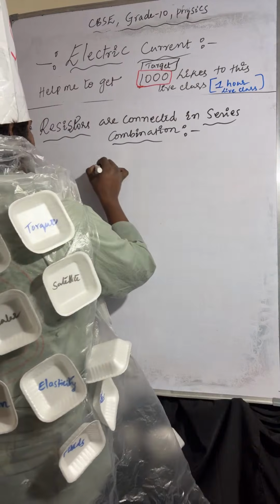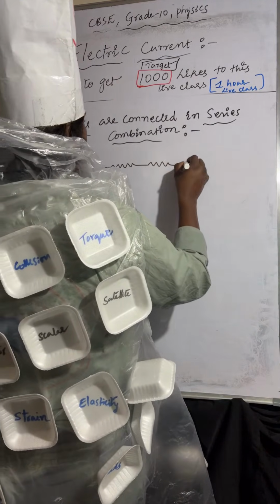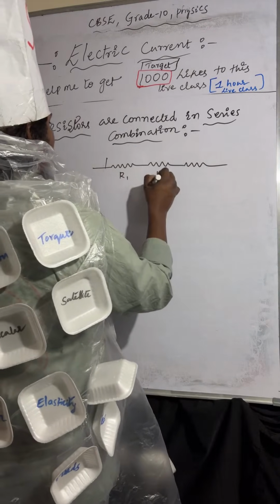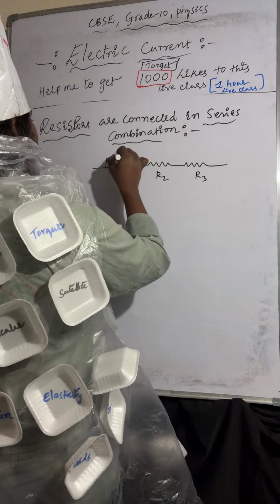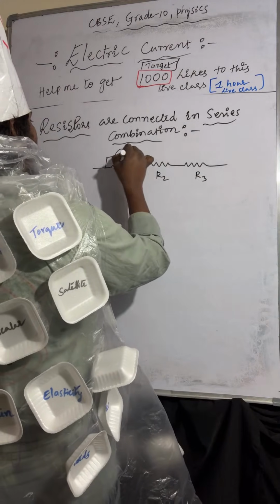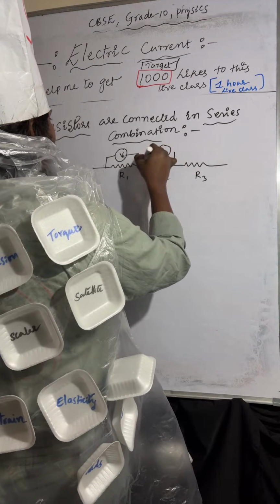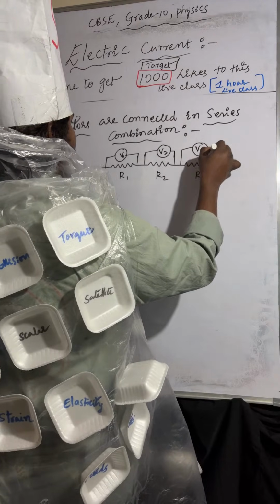So one resistor, two and three. This is R1, R2 and R3. The potential differences I am taking as V1, V2 and V3.